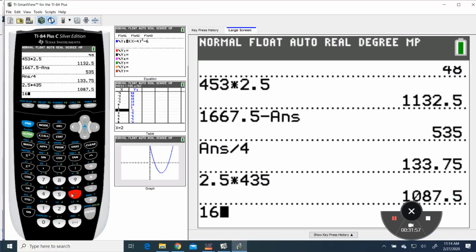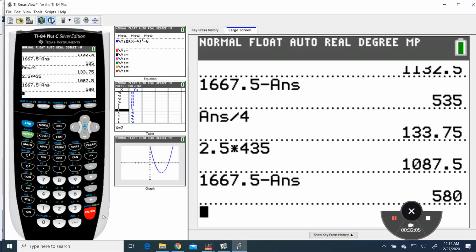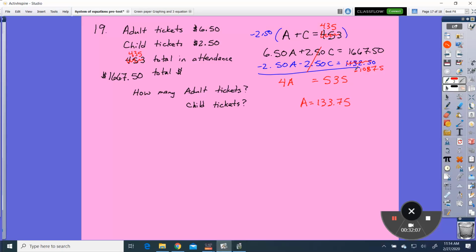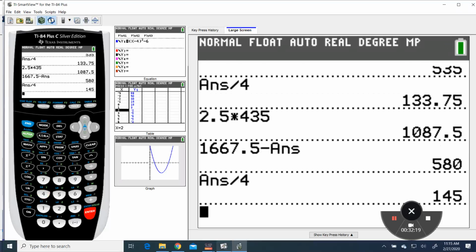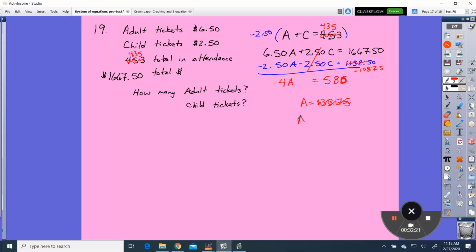So 1667.5 minus that, I get 580. So 580 divided by 4, this I think is going to be better, 145. We don't have to worry about like 3/4 of an adult walking in.